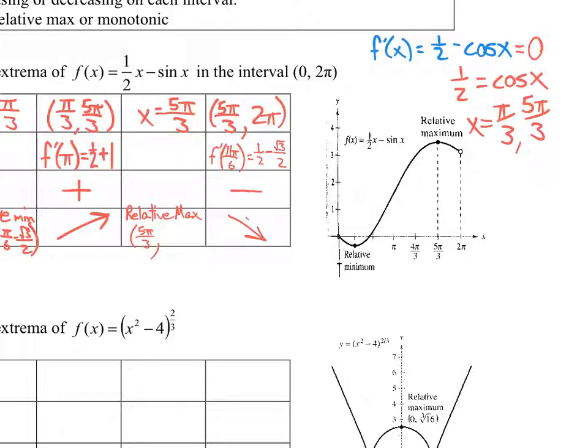And then we could figure out, this is going to be 5 pi over 6 minus, what's the sine of 5 pi over 3? 1 over 2. In the fourth quadrant, sine is negative, so this is plus 1/2.